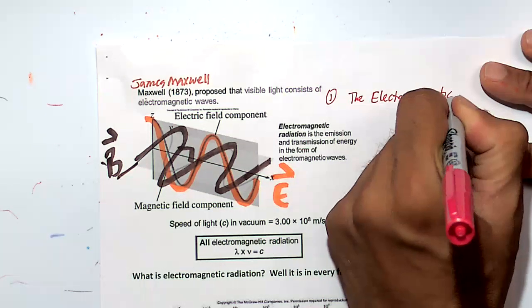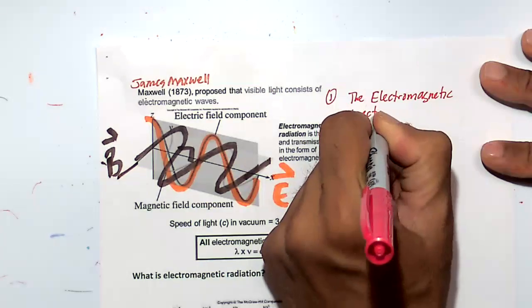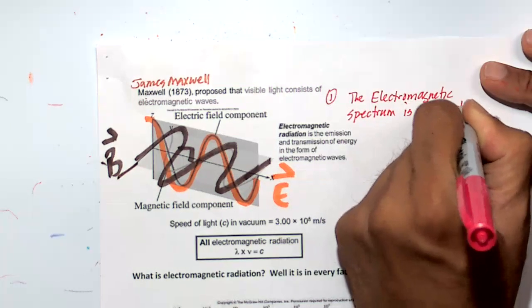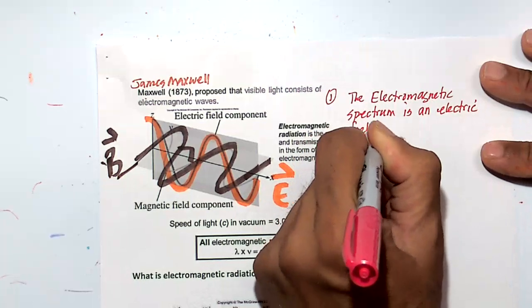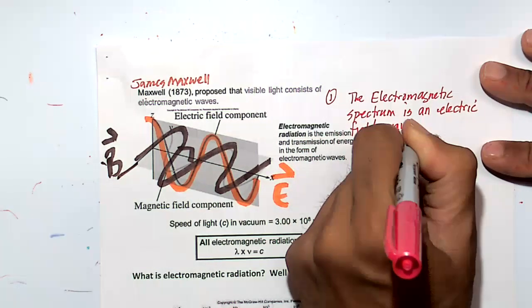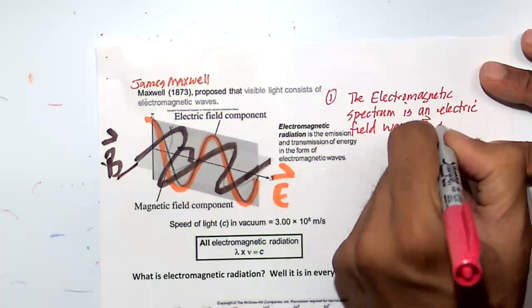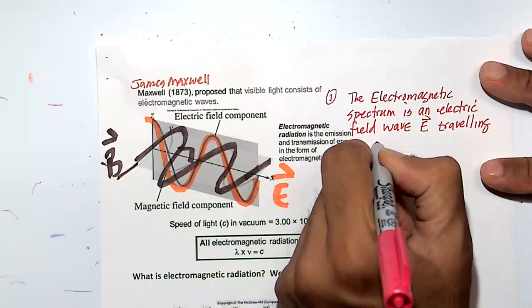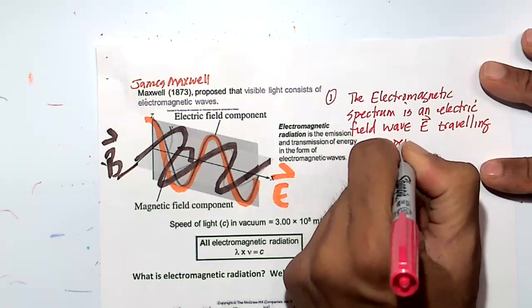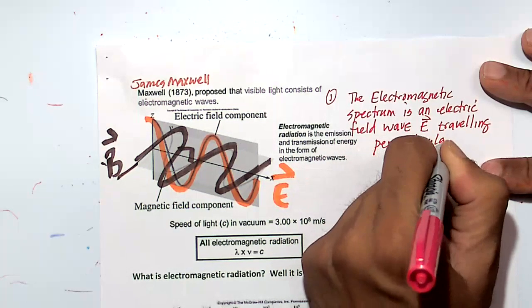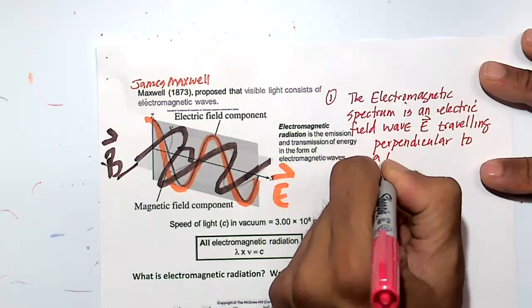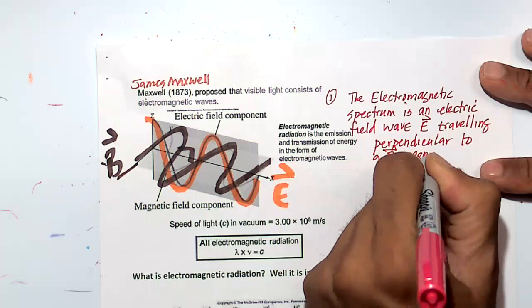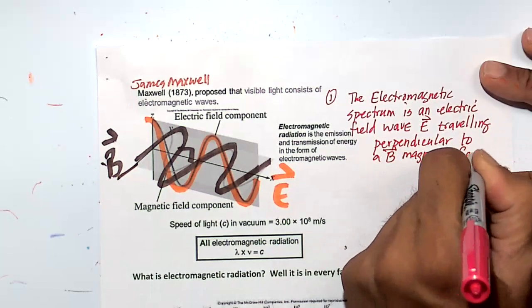The electromagnetic spectrum is an electric field wave traveling perpendicular to a B field wave, a magnetic field wave.